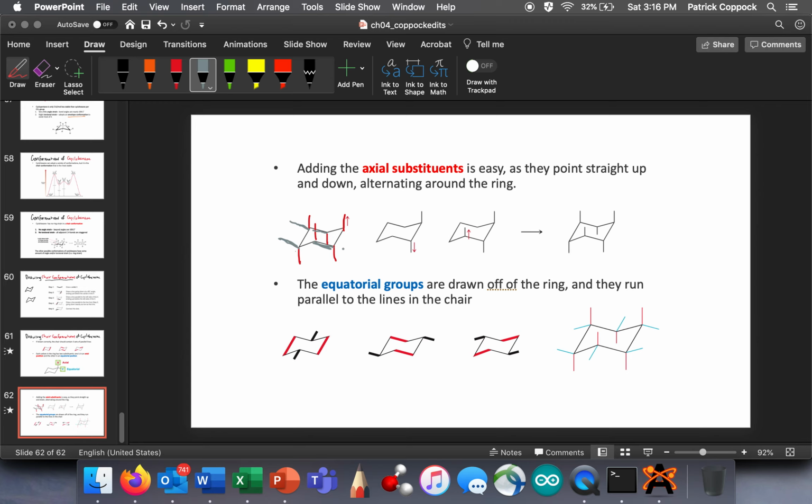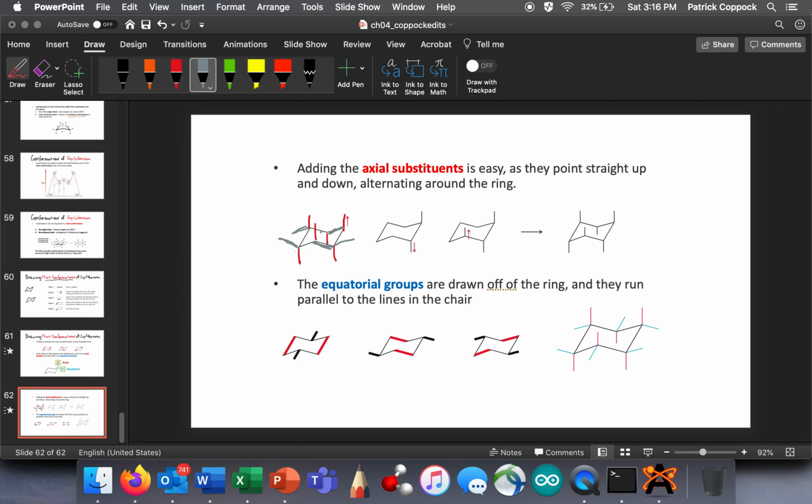Wait, that's not right. No, it's this gray line, because it's every other one. So that gray line is going to be parallel with that. And this one's got an equatorial, so that's going to have to be parallel with that. So it's every other one. So that's going to be like that. See, boom, boom, boom.